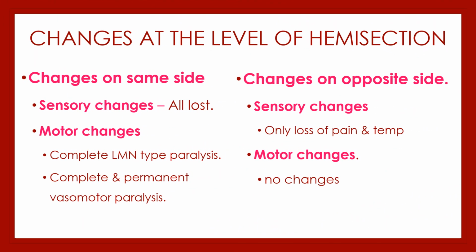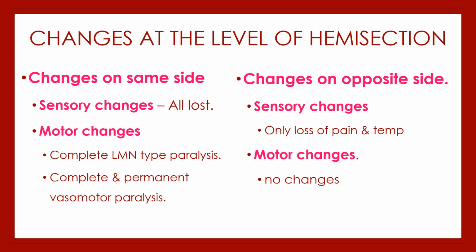Changes at the level of the hemisection are on the same side. Sensory changes: all the sensations are lost on the same side. This is because of the complete damage to the posterior nerve root, posterior horn cells and the spinothalamic fibers, which cross to the opposite side, right?